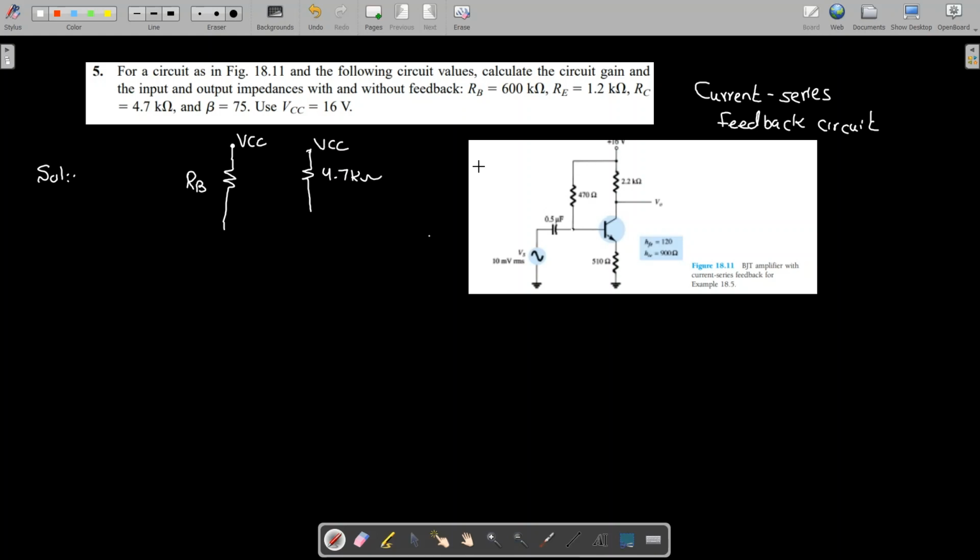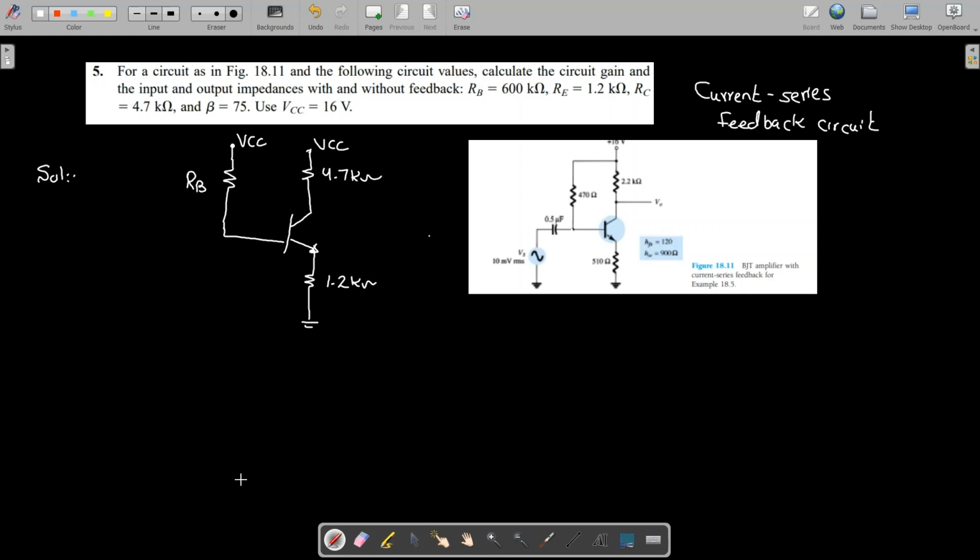This is again your VCC. Same, this is your RB, this is your RC. Fine. This is connected like this, and then we have the resistance RE, and RE is your 1.2 kilo ohm. Fine. This is connected to ground. We have a connection over here, and that will be open circuited. Fine.